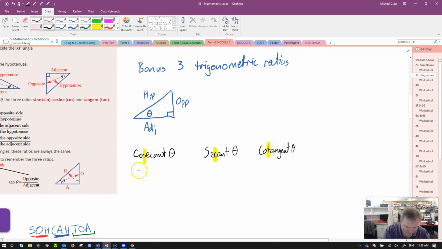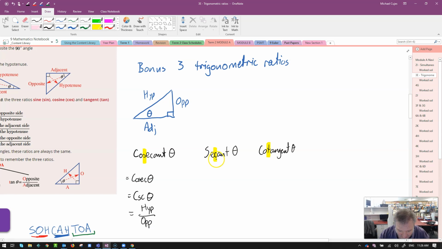So cosecant theta, sometimes written as cosec theta, or even CSC theta. And what is cosec theta? Well, it's the reciprocal of sine. So we'll remember from SOHCAHTOA, sine is opposite over hypotenuse. This is going to be the hypotenuse divided by the opposite side.